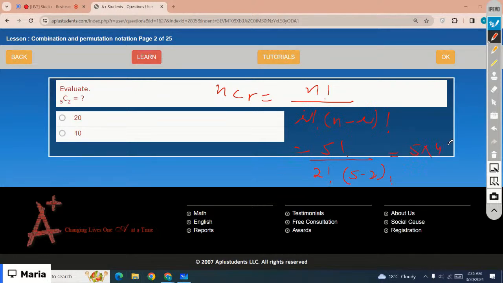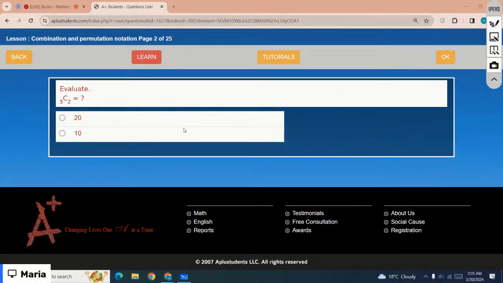That is 5 times 4 times 3 factorial over 2 factorial and 3 factorial. 3 factorial, 3 factorial cancel out. 5 times 4 is 20 and 20 divided by 2 is 10. So the correct option is 10. Got it? Option number 2 is the correct option.